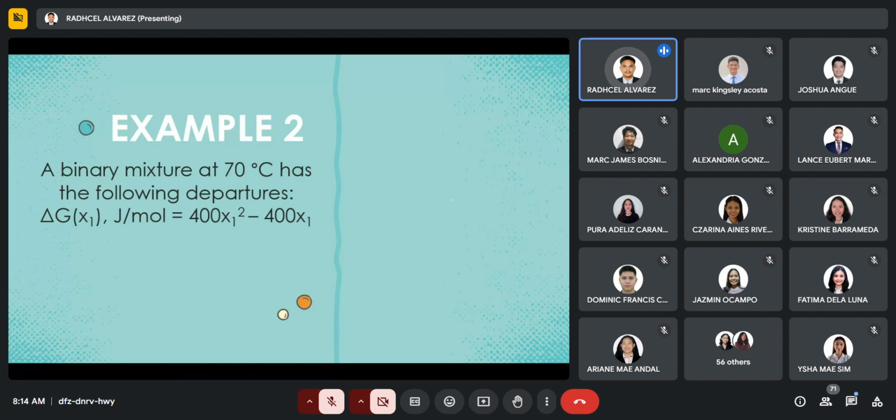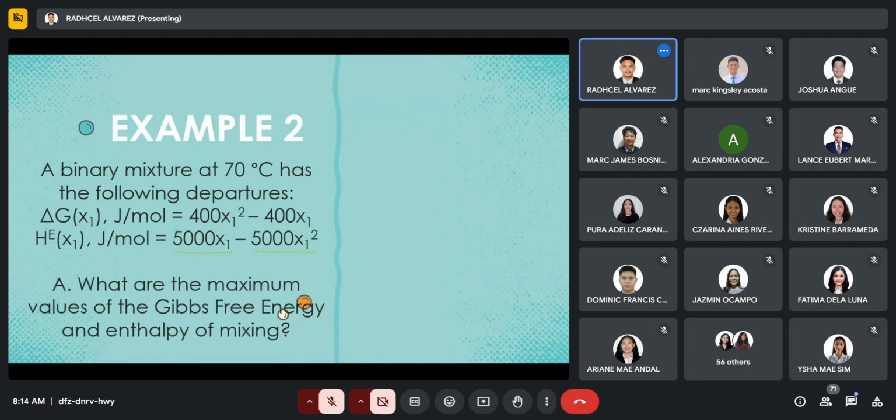We have delta G x1 in joule per mole equal to 400 x1 squared minus 400 x1. Next, excess enthalpy is equal to 5,000 x1 minus 5,000 x1 squared. Question: what are the maximum values of the Gibbs free energy and the enthalpy of mixing?